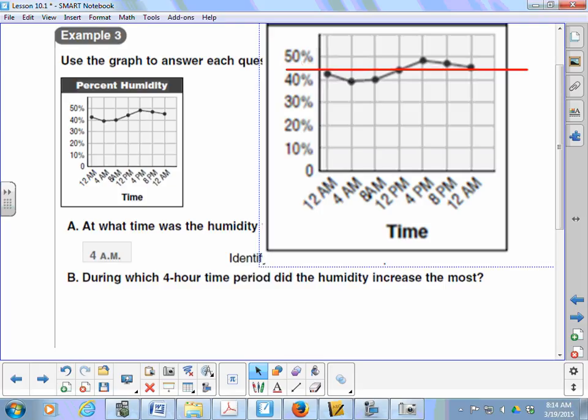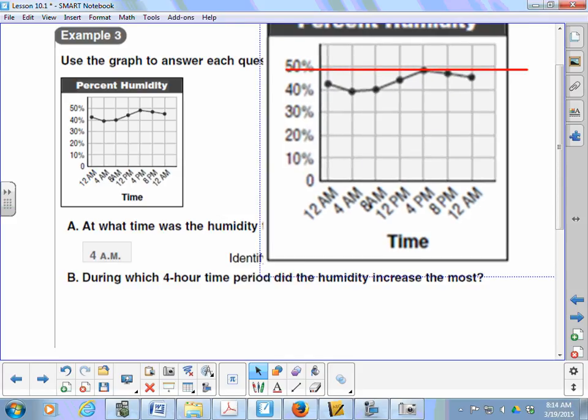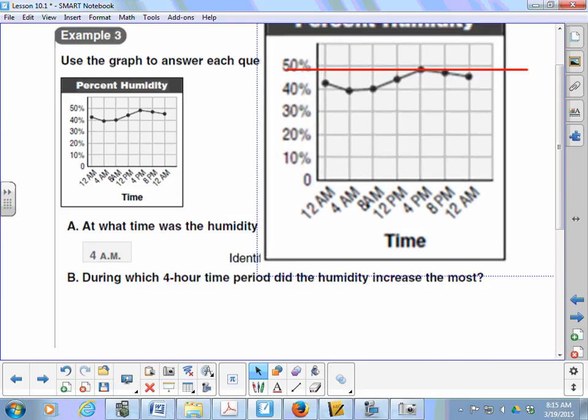Because if there's a difference, right? Because if it's 44, then going to here would be 5 units or 5%. Right? But if it's 45, then going from here to here is only 4. Okay?